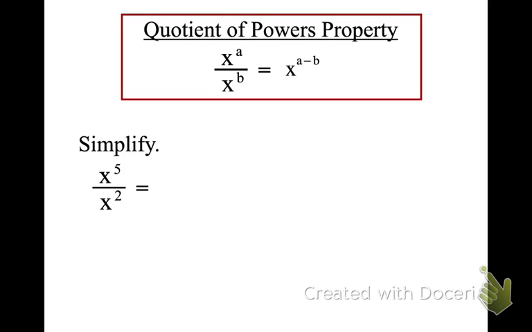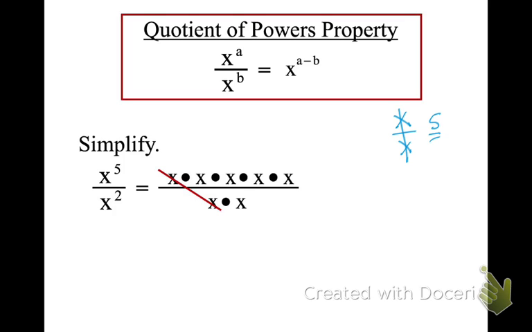Okay. Now I'm going to show you a couple different ways. So if I were to expand this out, this means x times x times x, right? 5 times. And in the denominator, there's 2 x's. So if I start crossing out, any number over itself equals 1, right? x over x equals 1.